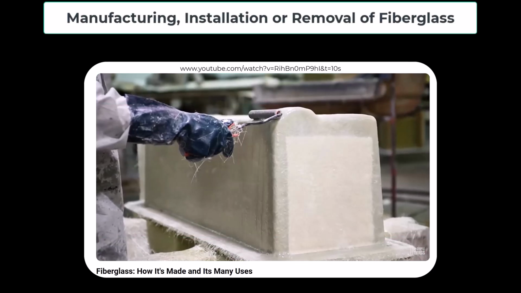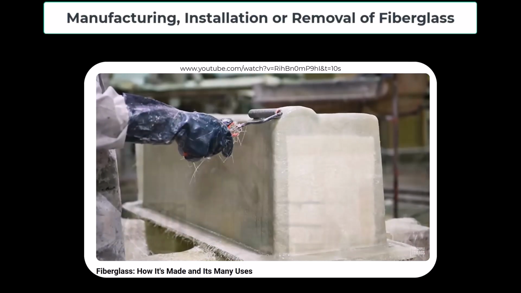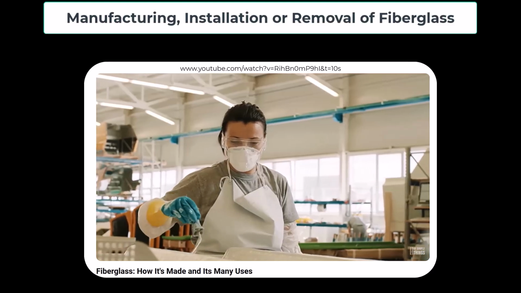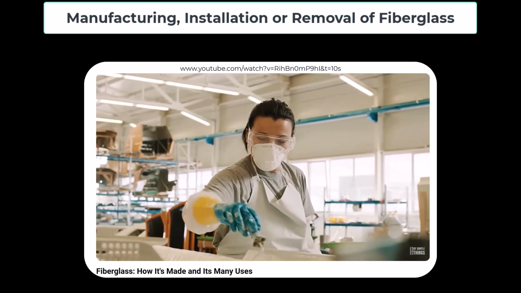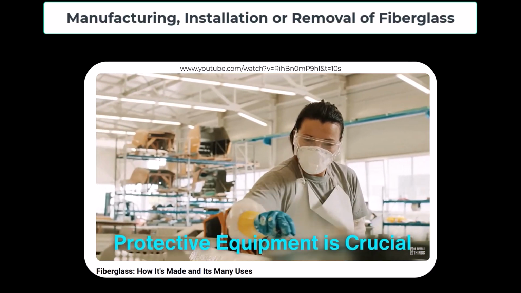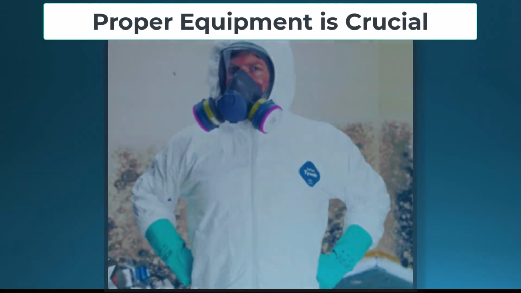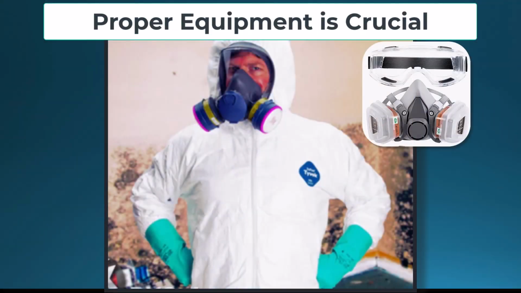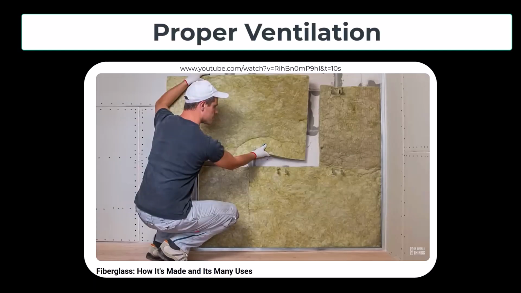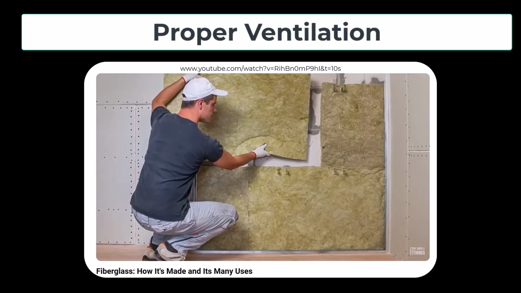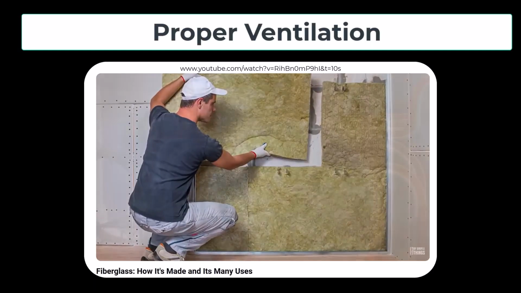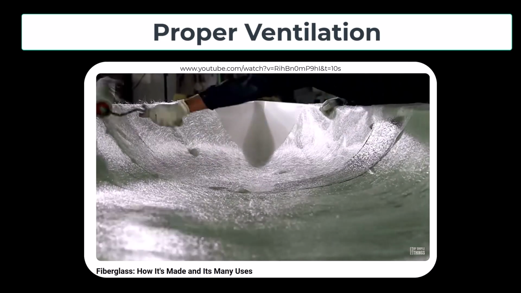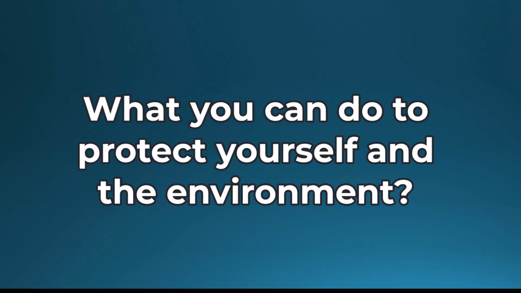The greatest risk with fiberglass is associated with manufacturing, installation, or removal of fiberglass, particularly when dust control measures are inadequate. Wearing appropriate personal protective equipment, including respirators, gloves, eye protection, and protective clothing, is crucial in these situations. Proper ventilation and dust control measures, such as enclosing the space where fiberglass is installed, are also essential to minimize airborne fiberglass particles.